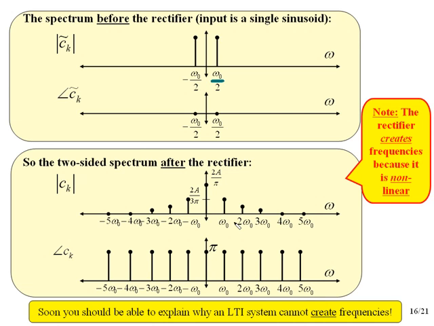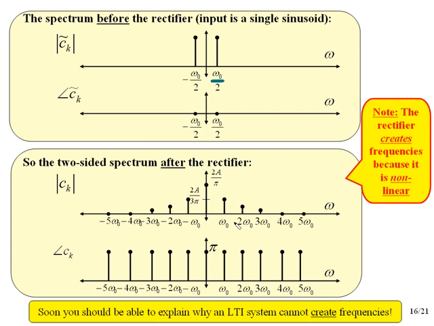For a linear time invariant system, we said you put a sine wave in, it comes out as a single sine wave, same frequency. What are we seeing here? Going into the rectifier, a single sine wave goes in, what comes out? Lots of sine waves. So a nonlinear system can create new frequencies.